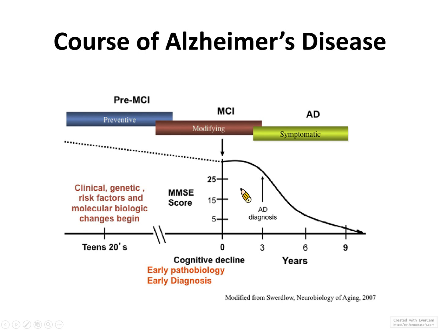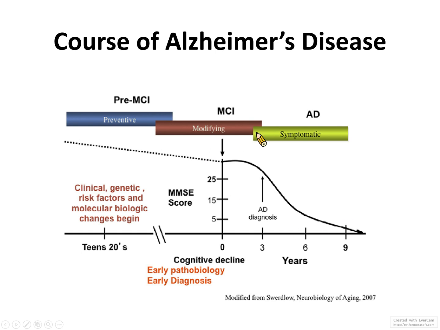However, that score is also affected by education levels. For example, people with higher education may have some ability to compensate for his or her cognitive decline. So the MMSE score is determined not only by cognitive decline, but also needs to be judged by the education level.